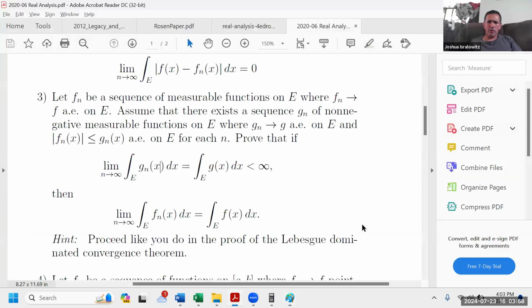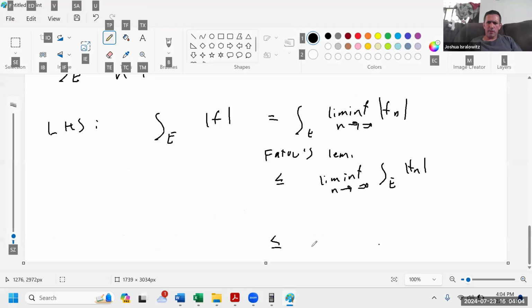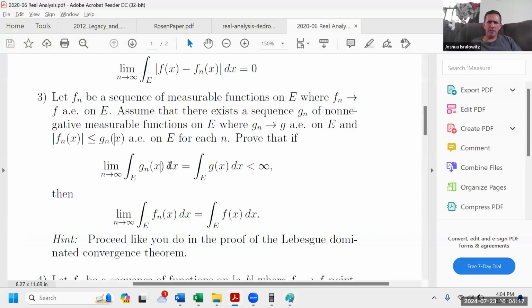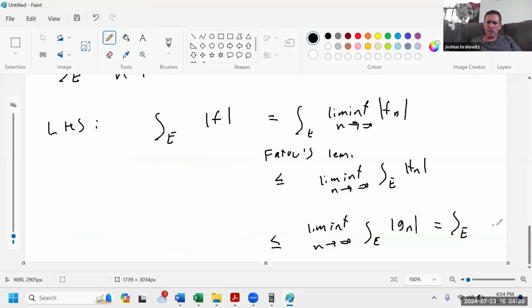All right, so almost everywhere this is true. So this is less than or equal to this here. The assumption is that the limits are equal here. Sorry, there's no need for absolute values because each gn is non-negative. And G is integrable.